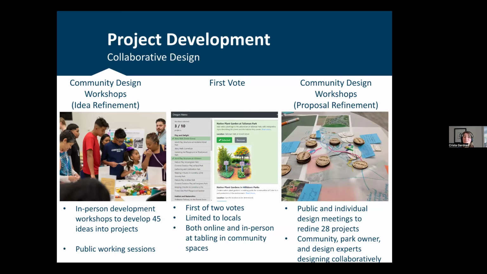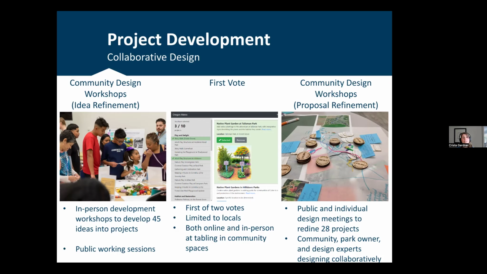One is the idea refinement, and the second is the proposal refinement. Through these facilitated workshops and several one-on-one design meetings with partners, the project team creates a conceptual illustration and then creates a scope and budget, including contingency, and a schematic site design.